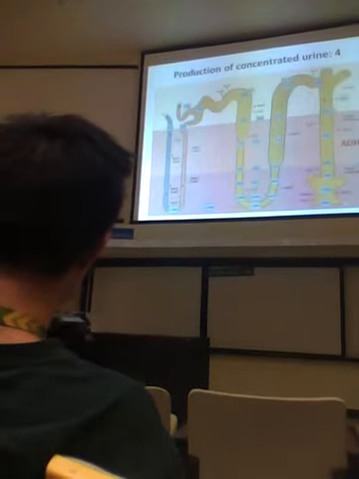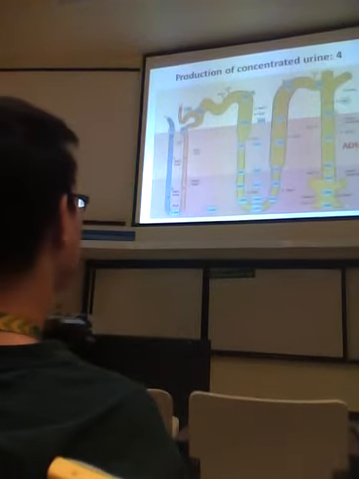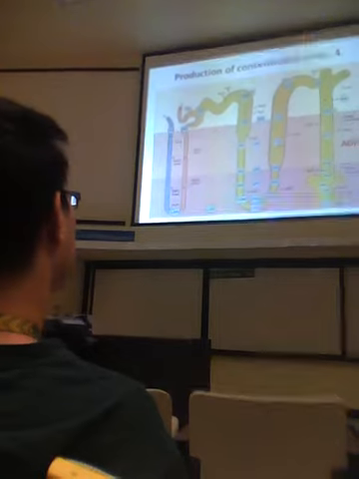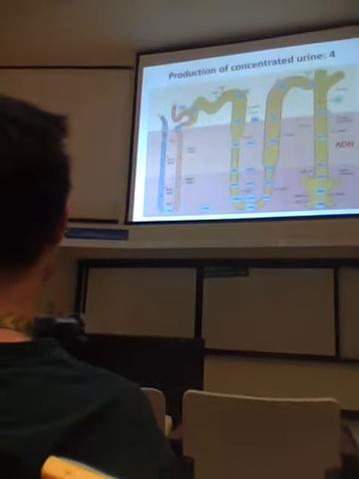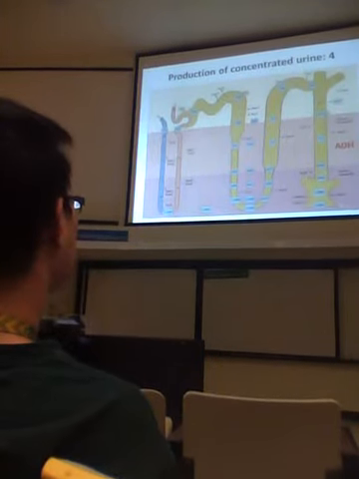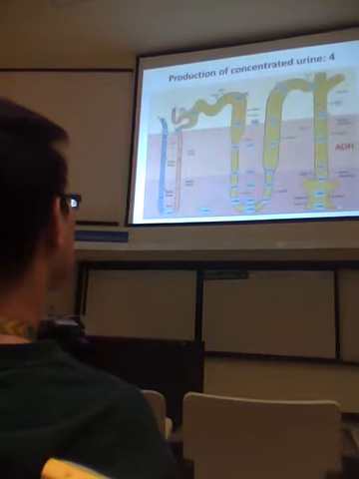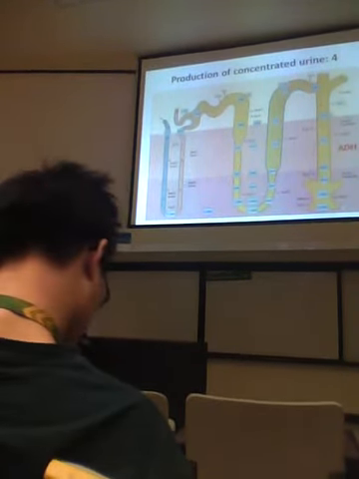What happens if there aren't any aquaporins or water channels in these membranes here? If there aren't any water channels in there, water can't come out. Doesn't matter about the gradient. There's no way for the water to get out.